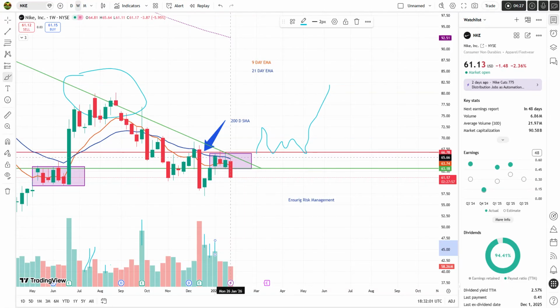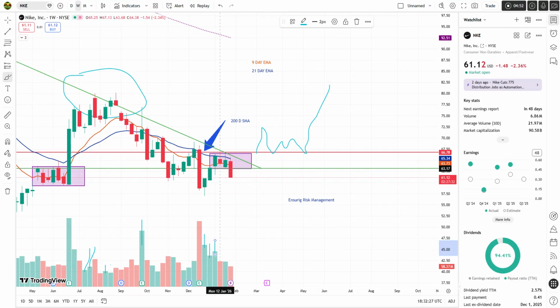We were looking for Nike to maintain this area, to not break this key support area from the previous time. That is what we were looking for Nike to do. But hey, things happen. Nike did not do that.